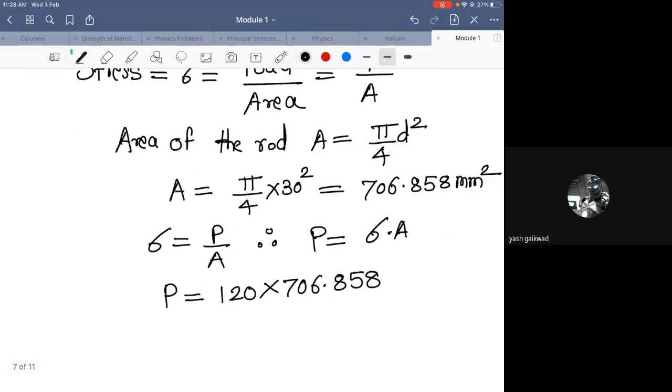So the value of P is 84.82 into 10 to the power 3. Very good. Whether it is Newton or kilonewton, what is the unit of load? Newton. Kilonewton, madam. Newton per mm square.